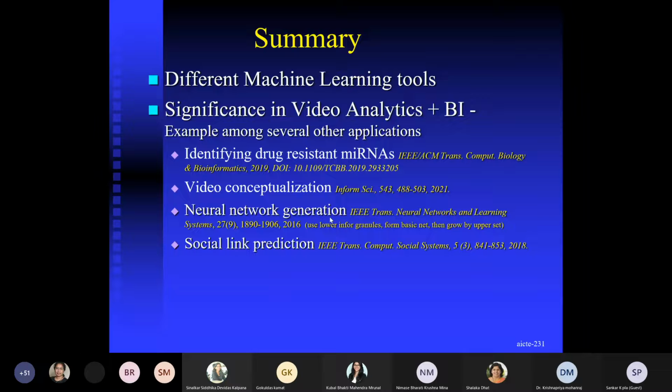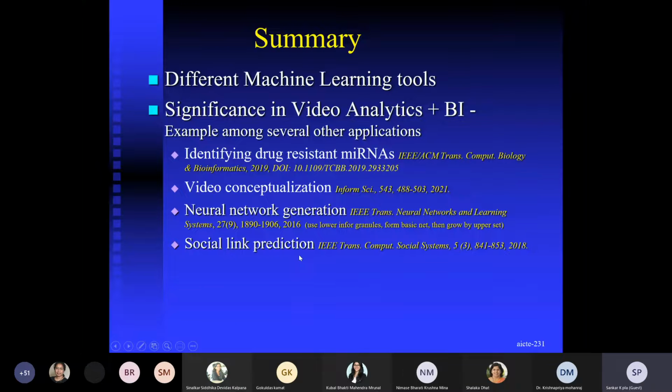And then upper, so that you have now learned from the bad samples also. That's how neural network generation uses lower approximation granules to form the basic net, and they grow by the upper set. Similarly, social link prediction and so on.